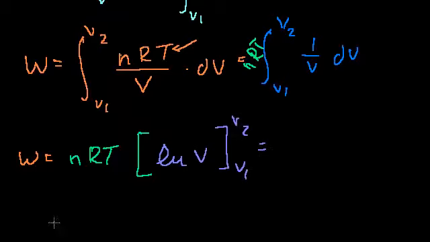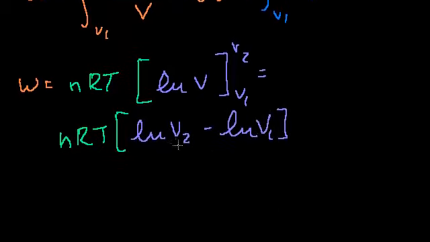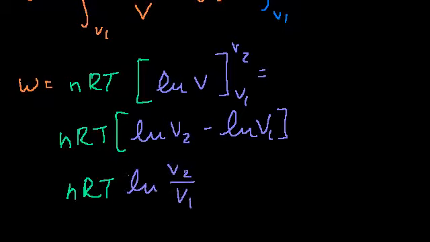So that is equal to nRT times evaluated at V2, so natural log of V2 minus the natural log of V1. Now we know from logarithm properties that is the same thing as nRT times the natural log of V2 over V1.